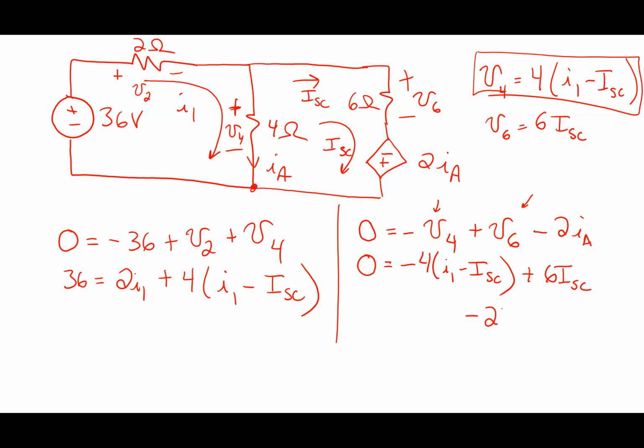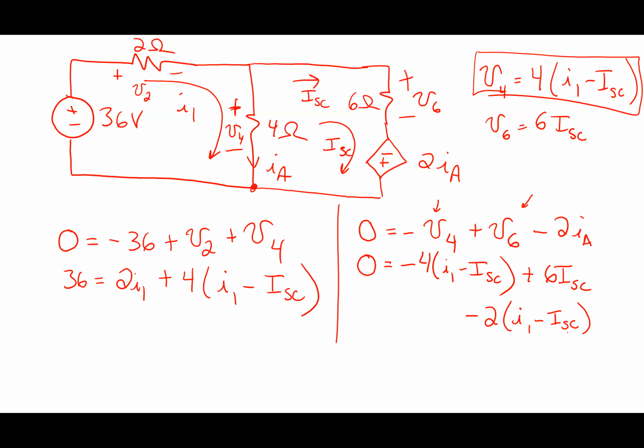IA is the current in that middle branch, which, again, looking at the arrows, is basically whatever I1 is minus whatever ISC is going against it. So it's minus 2 times I1, which is going with IA, minus ISC, which is going against it. And because of that minus part of the 2, there's going to be all kinds of ugliness here.